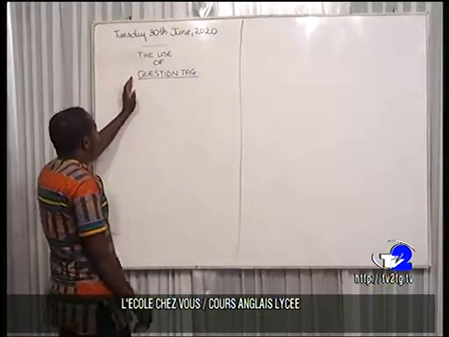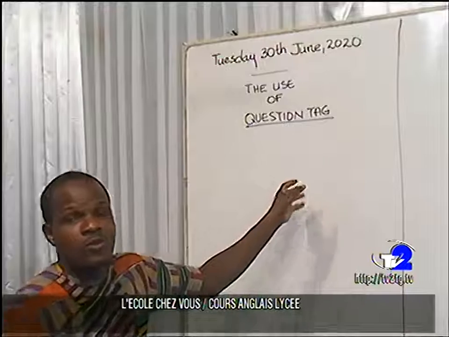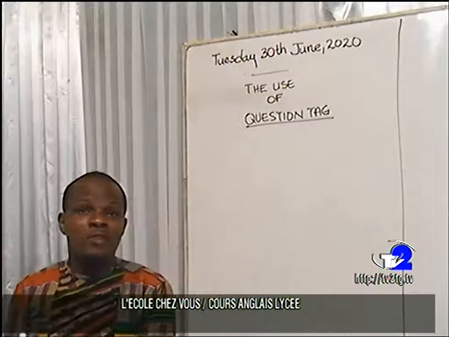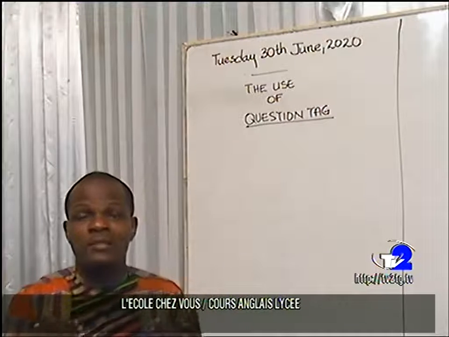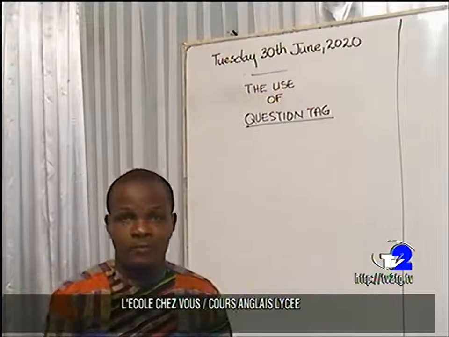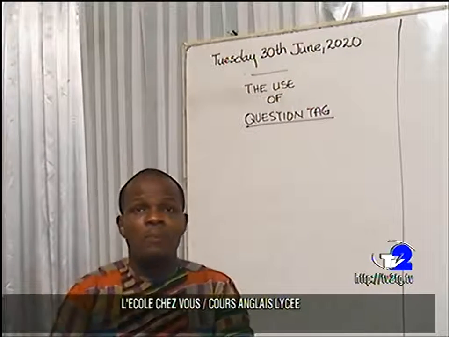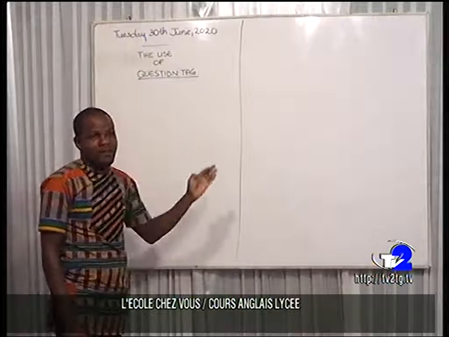Okay, question tag. What do we mean by question tag? A question tag is just a mini question we put at the end of a sentence to ask for a person's approval over something. For instance, if you want someone to confirm or approve what you said, you must use the question tag.